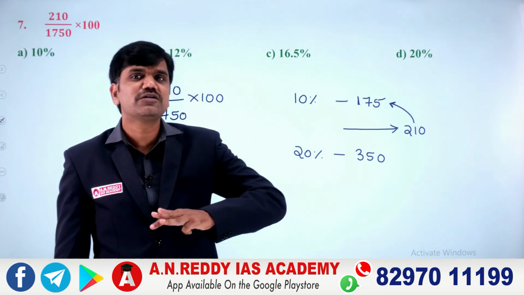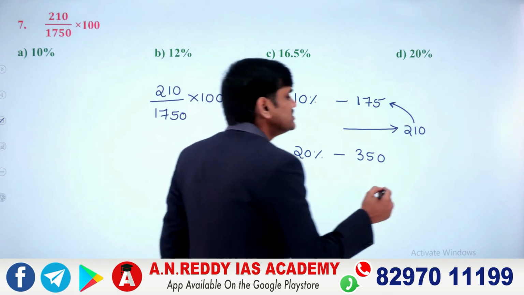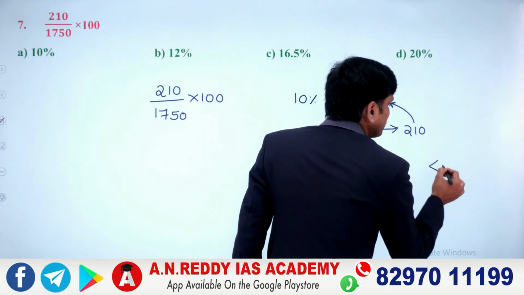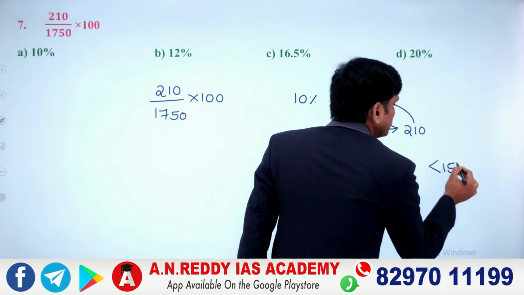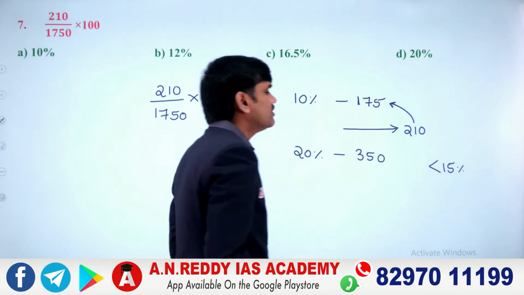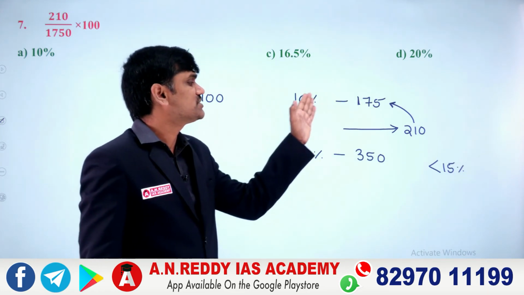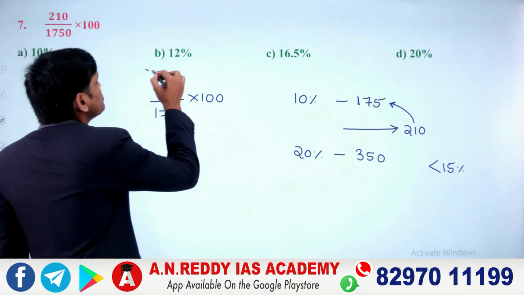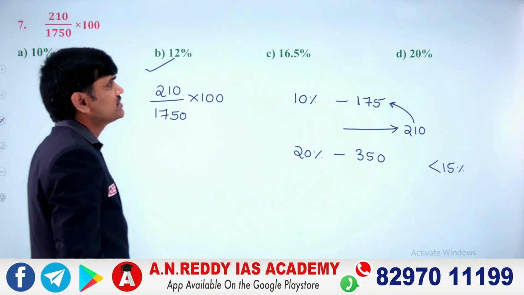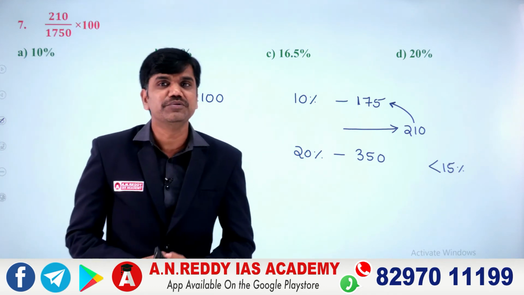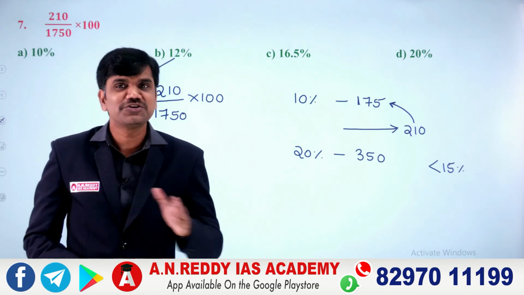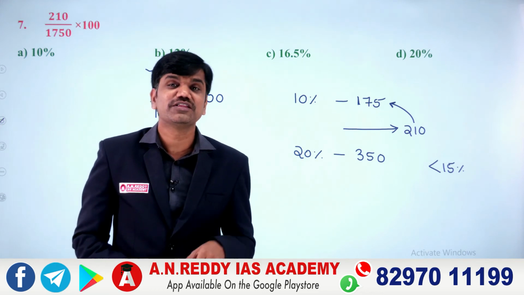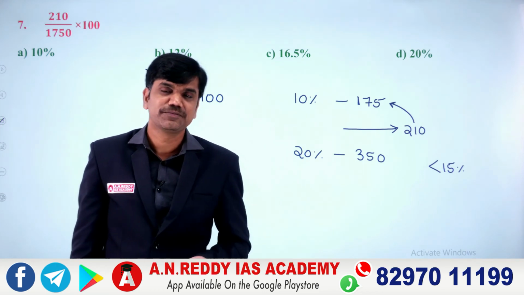As that is more nearer to 10%, that has to be less than 15%. Hence I can say that my answer is between 10% and 15%. There is only one option that is between 10% and 15%. That is option B. Straight away I can stop there without going for the calculation I was showing earlier.